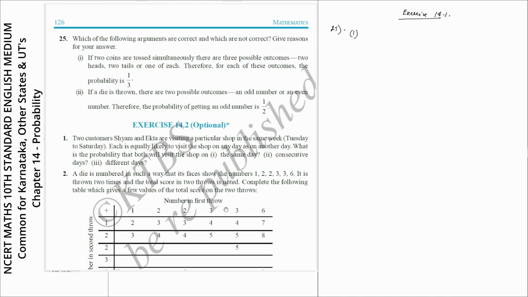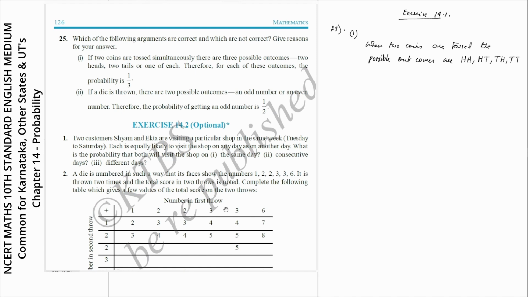Now when two coins are tossed, the possible outcomes are: in both the coins head may come, or in one coin head may come and in another coin tail may come, or in the first coin tail may come and in the second coin head may come, or in both the coins tail will come.